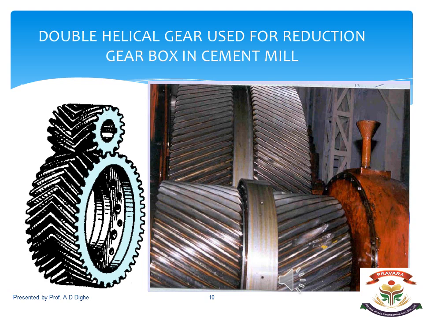Because of that, the axial thrust which is produced by the meshing of right hand helix with left hand and left hand helix with right hand tries to neutralize the effect. Therefore double helical gear is used where the torque transmitting capacity requirement is more.